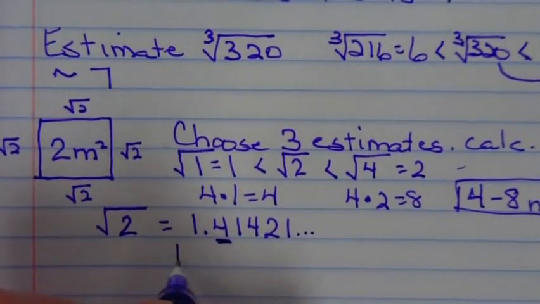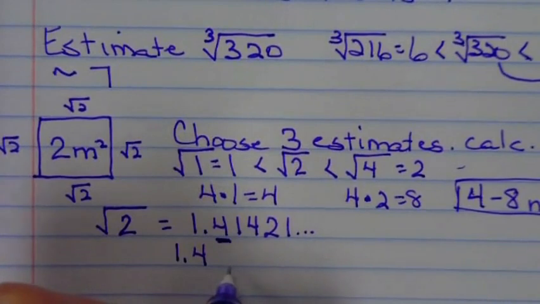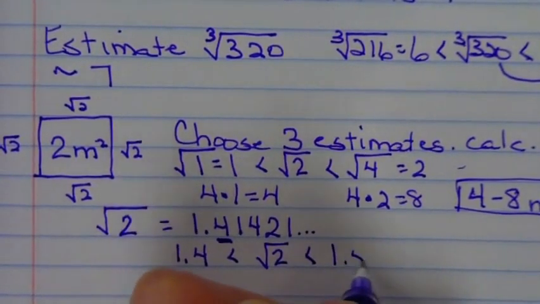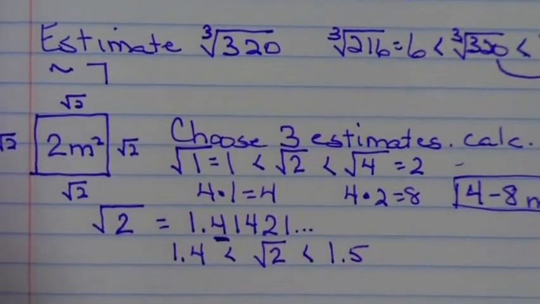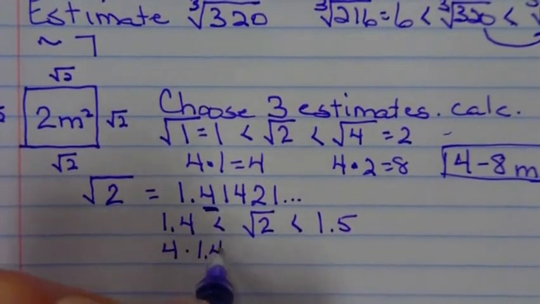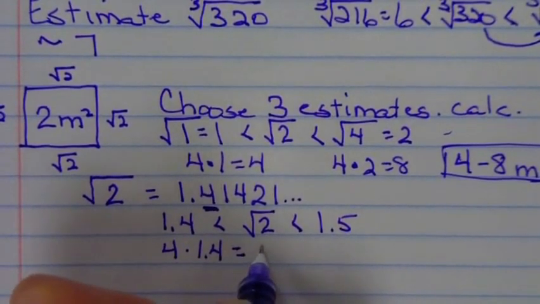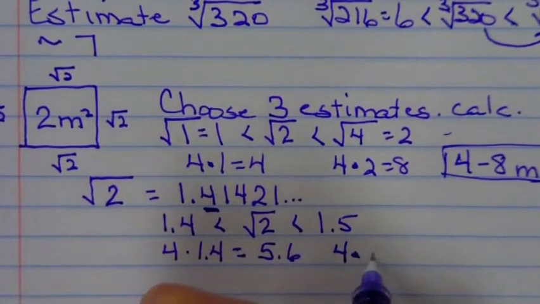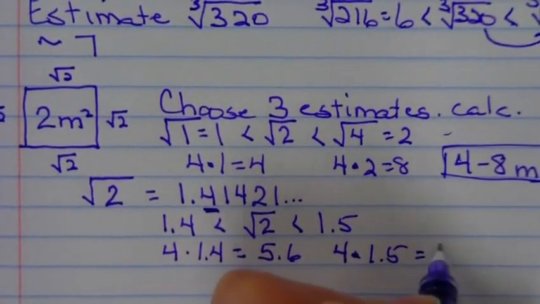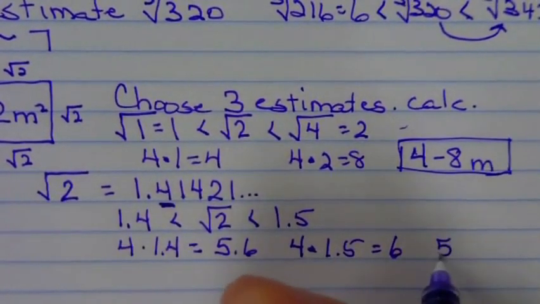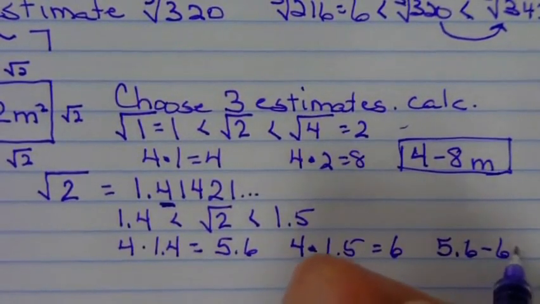So the nearest tenth is 1.4 and 1.5. So we're still going to multiply by 4. So 4 times 1.4 is 5.6. 4 times 1.5 is 6 meters. So between 5.6 to 6 meters.